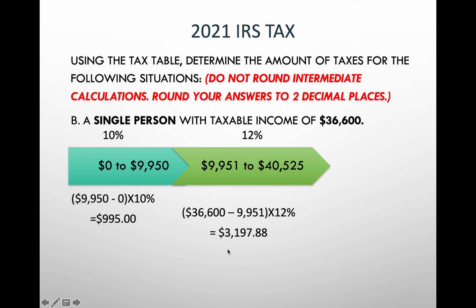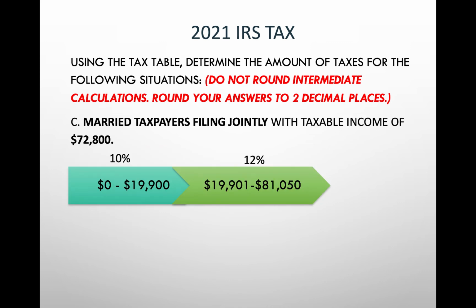That gives me $3,197.88 for the amount of taxes I owe on the portion of my income that falls in this bracket. So adding up my two numbers, I will get a total tax amount owed of $4,192.88 as a single person with a taxable income of $36,600.